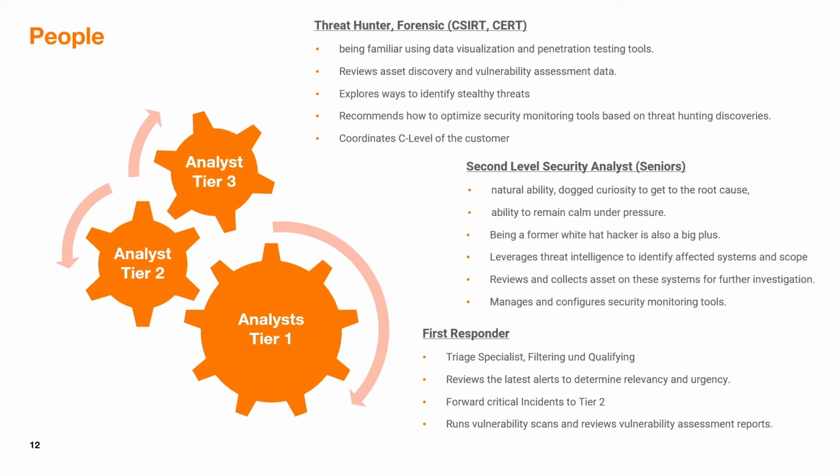Those are the analysts, starting from the first responder through the second level, second tier analysts, the more senior ones, and the tier 3 analysts, the threat hunters, the forensic specialists, in some cases also the responders, part of a response team in any way. So those are the hierarchical levels or layers of analysts in a SOC.